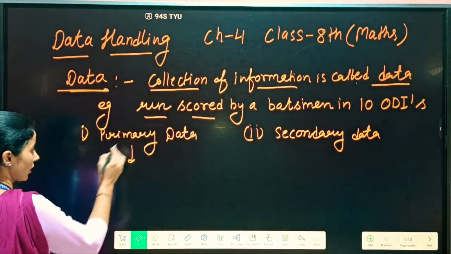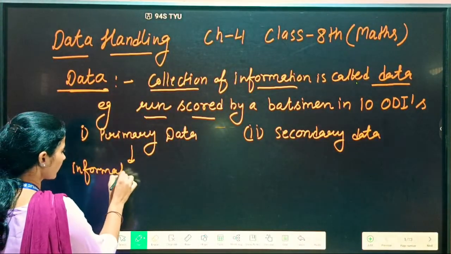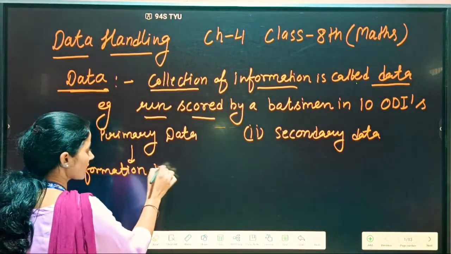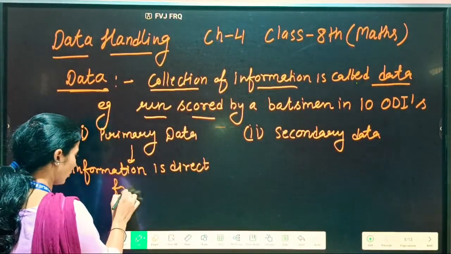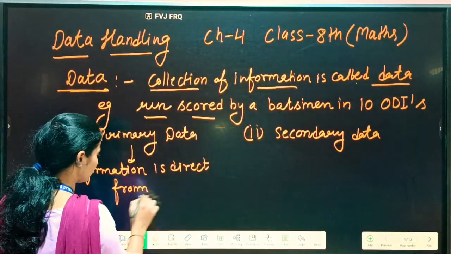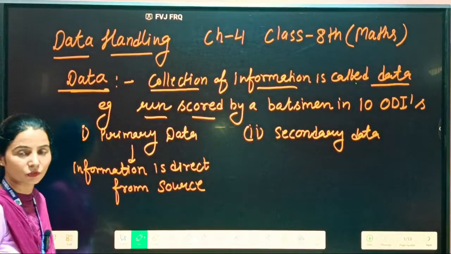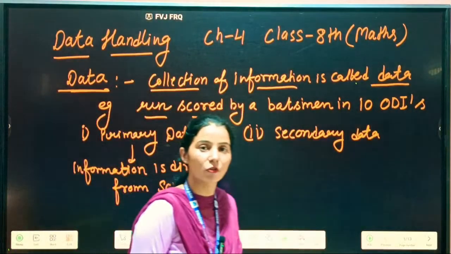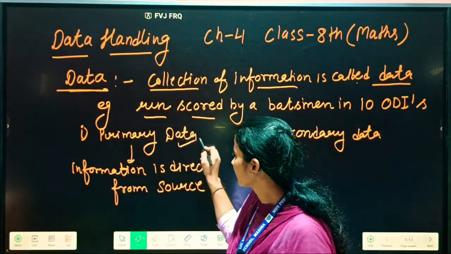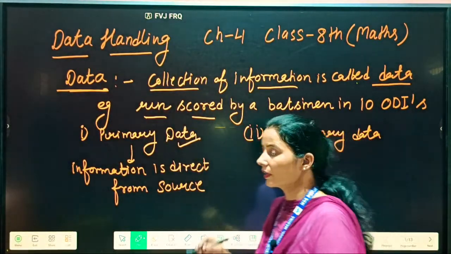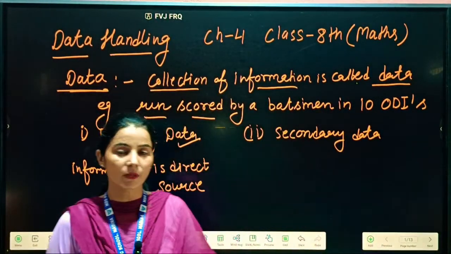Primary data: information direct from the source. When we are collecting information direct from any source, then that data is called primary data. And secondary data is when we are not getting information directly from the source, but from somebody else.